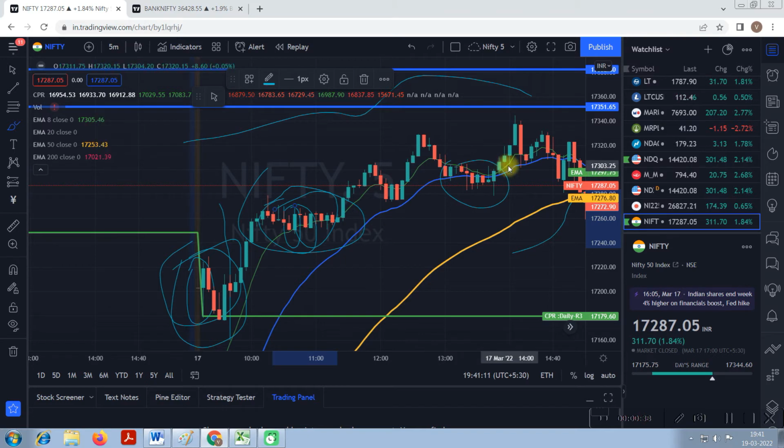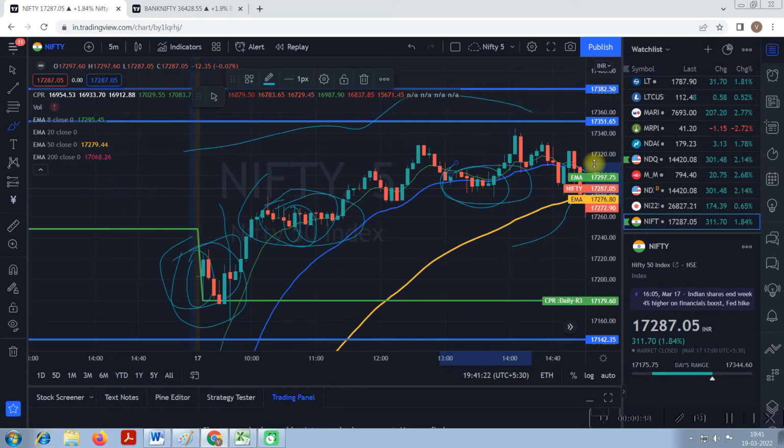Whenever the market touches the 20 moving average, you need to close your position. This is how we need to approach gap up or gap down with higher potential to move. That means the US market closes 5% down or up, and our market opens with 3% gap up or gap down.